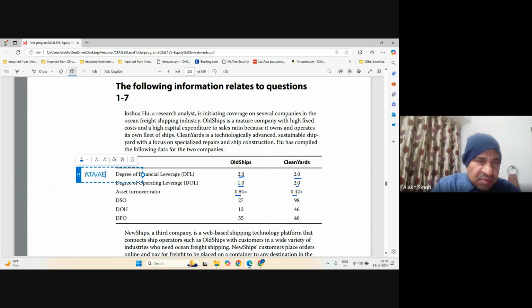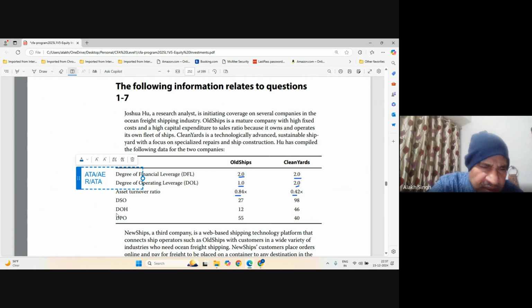divided by average equity. Okay, this times this degree of operating leverage, average total assets divided by total sales. Operating leverage means, sorry, it should be total sales, means R divided by ATA.